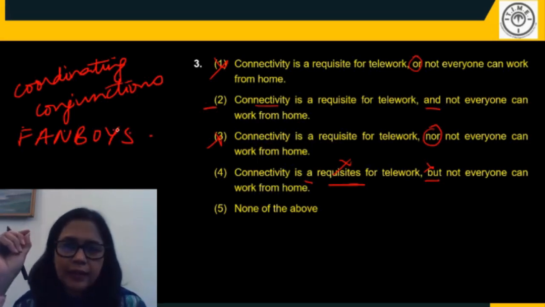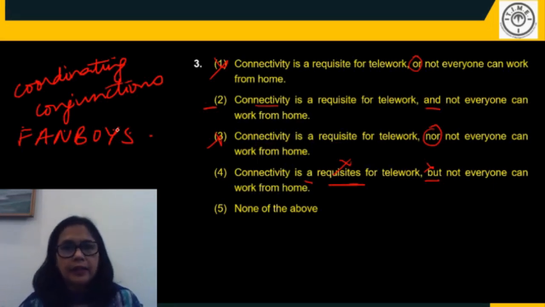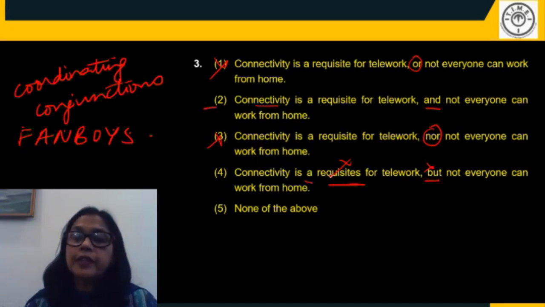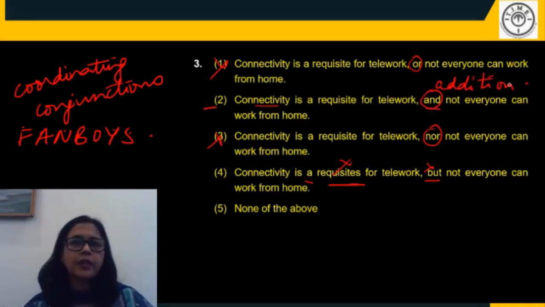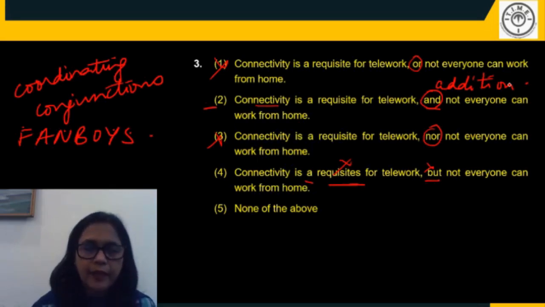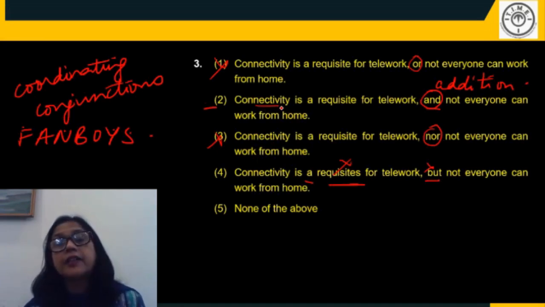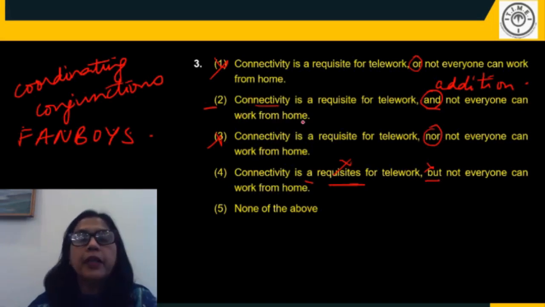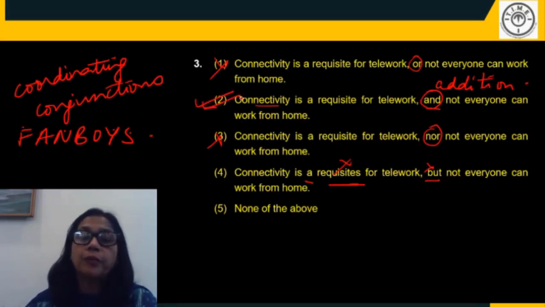The chief characteristic of coordinating conjunctions is that they are used to join two or more words, phrases, clauses of equal rank. And is a conjunction that tells us about addition. It is adding on to what has already been said here, right? So it is not bringing in an alternative or a contrast. So we don't want a but or an or a nor. So the correct answer would be connectivity is a requisite for telework and not everyone can work from home. Option 2.